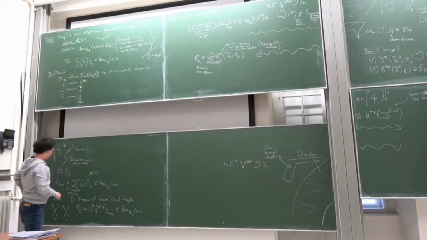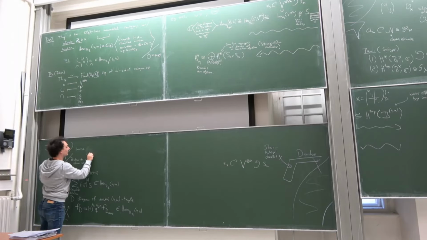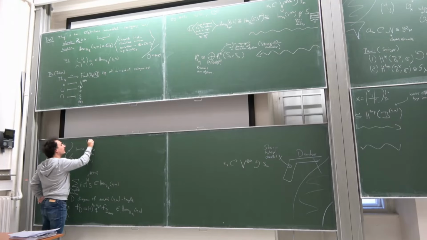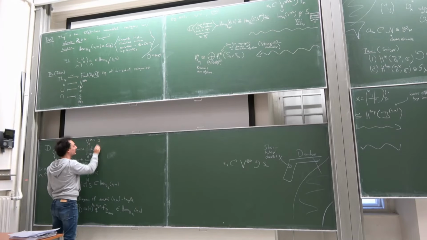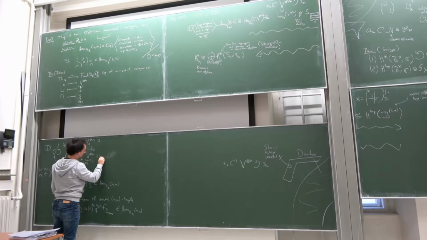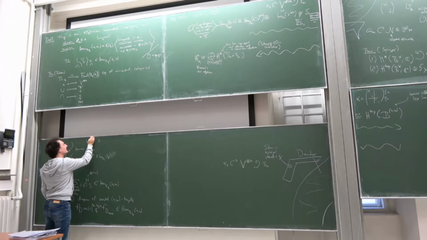So here, using this theorem, I can just think of this F_D as a map from V tensor N to V tensor M. And now, only for this small part here, I'm going to restrict myself to even tangles.